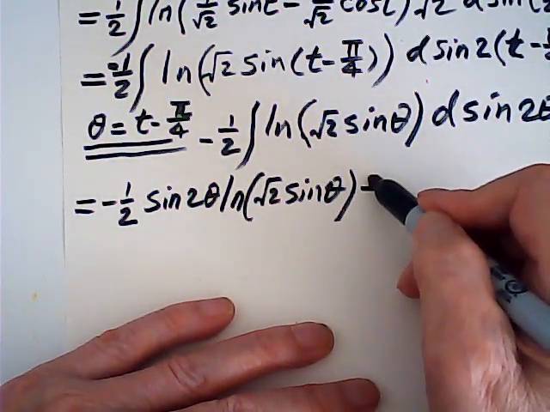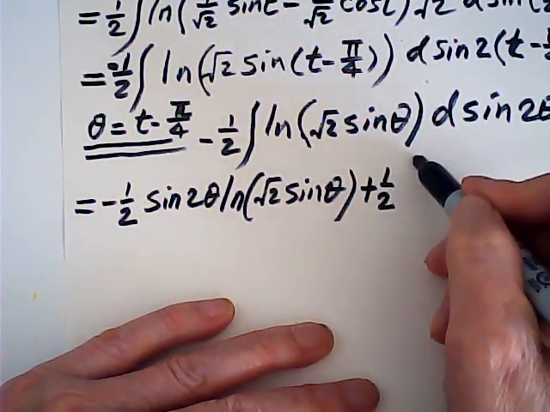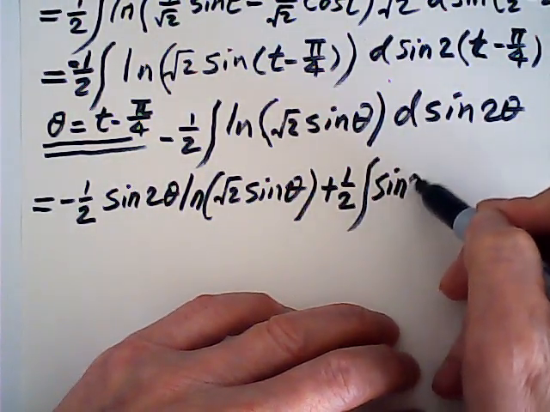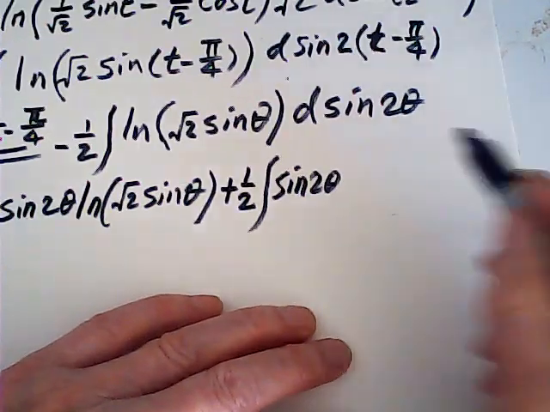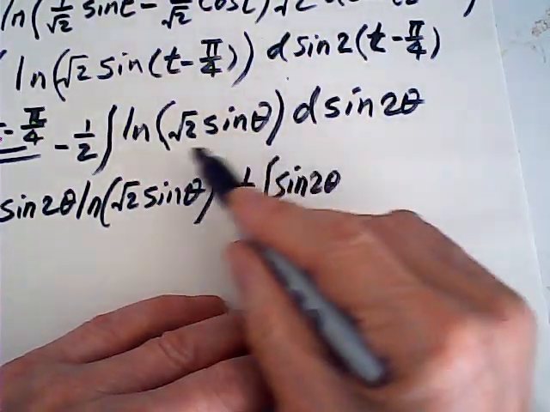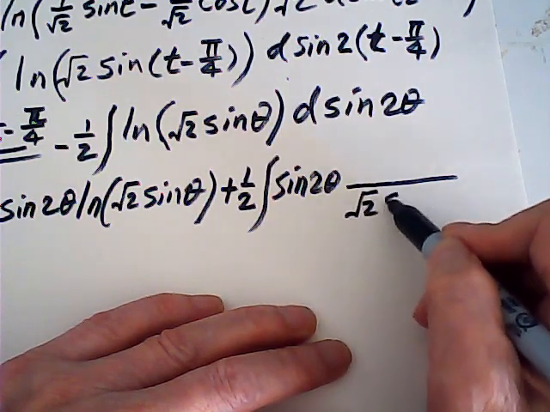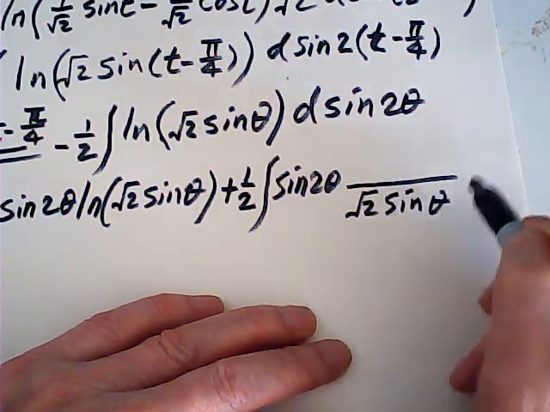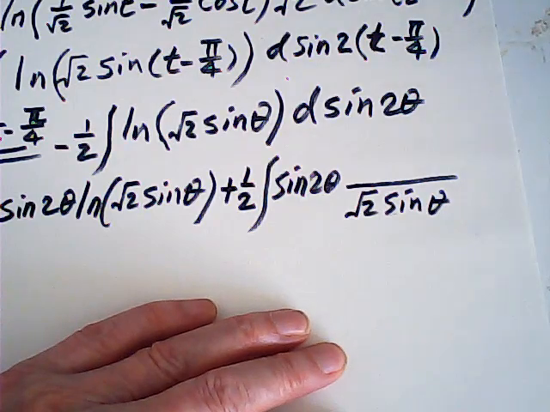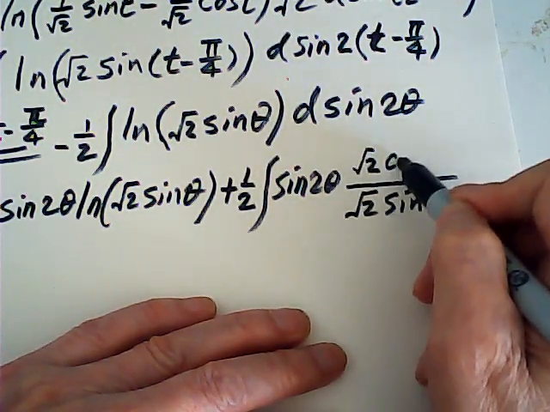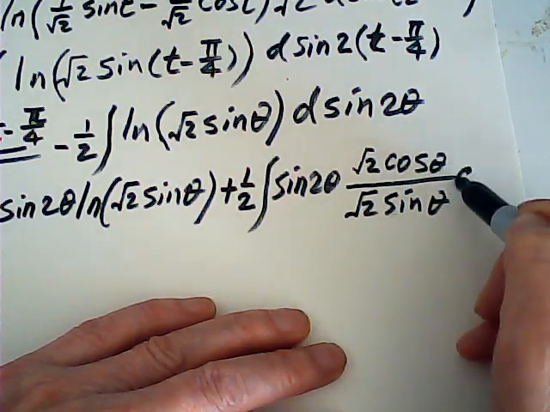Minus, change it. v du, this is v. du is this derivative with respect to theta. So that is root 2 sine theta times the derivative of this, which is root 2 cosine theta d theta.